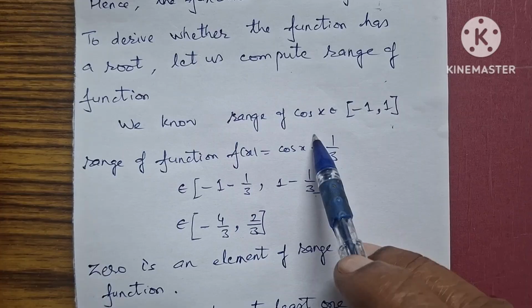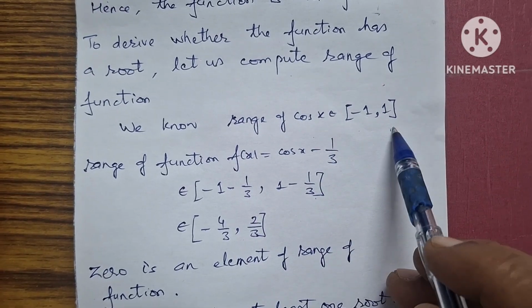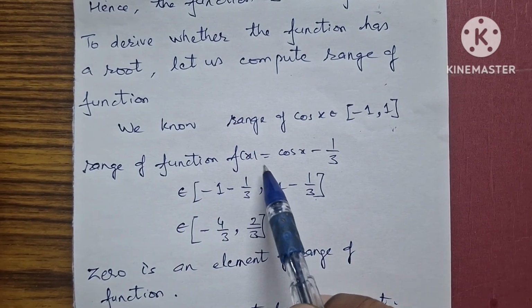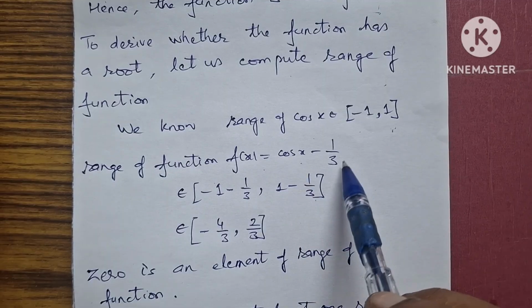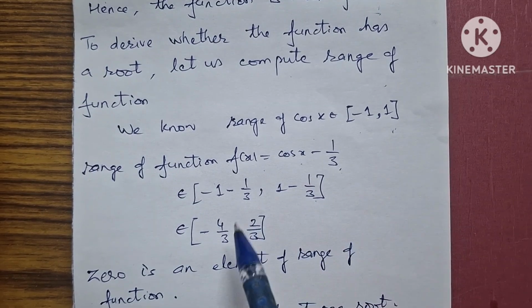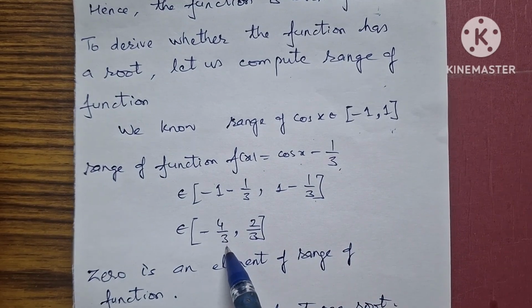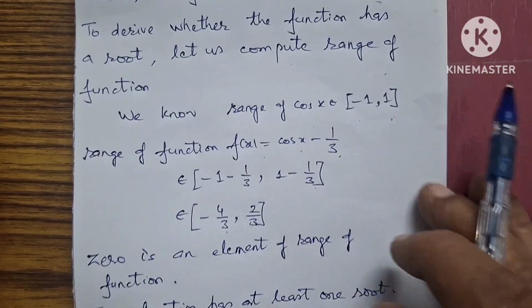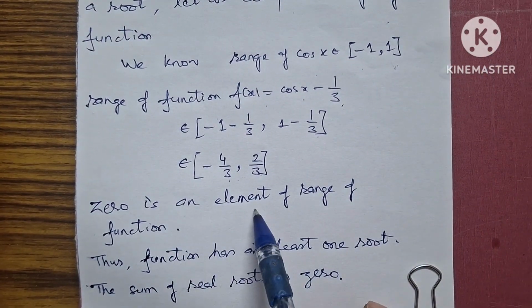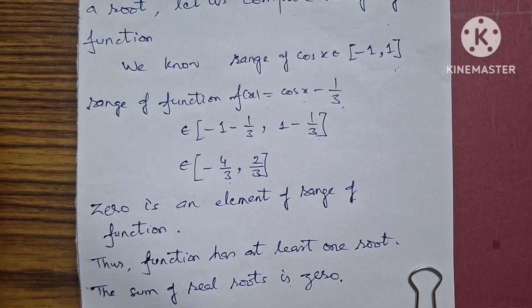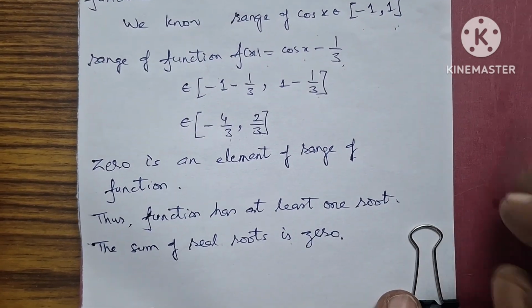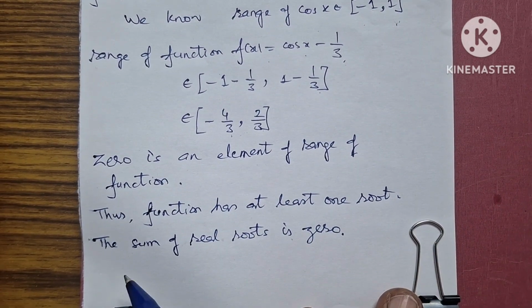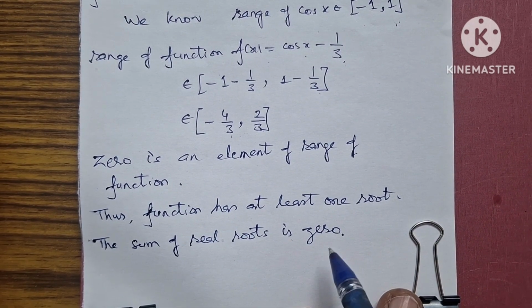We know the range of cos x is minus 1 to 1. The range of f(x) equal to cos x minus 1/3 is minus 4/3 to 2/3. 0 is an element of the range of the function. Thus the function has at least one real root. So the sum of real roots is 0.